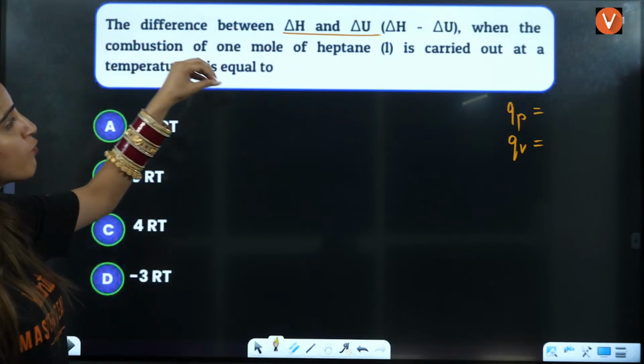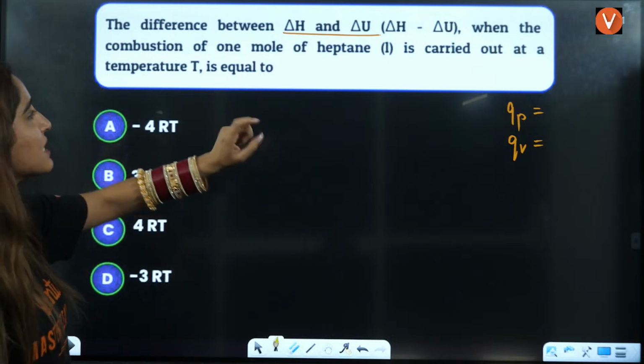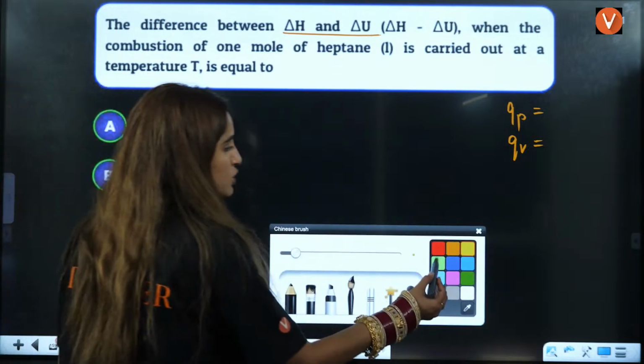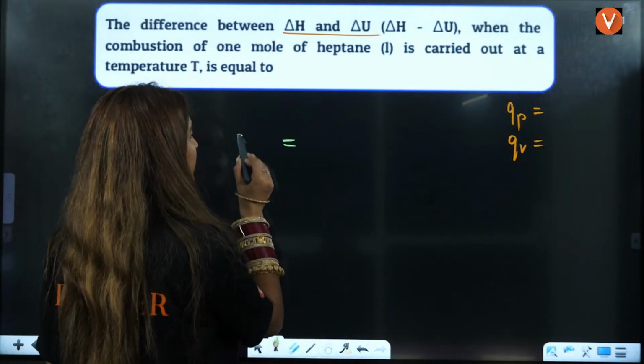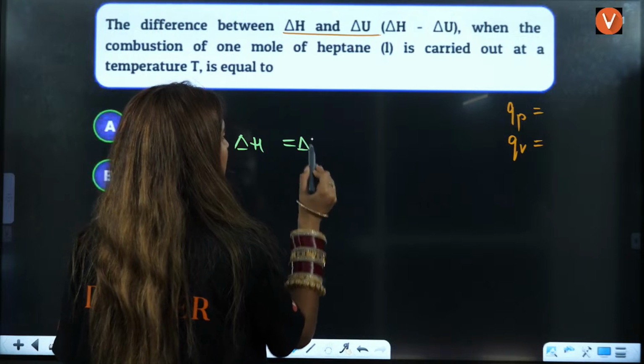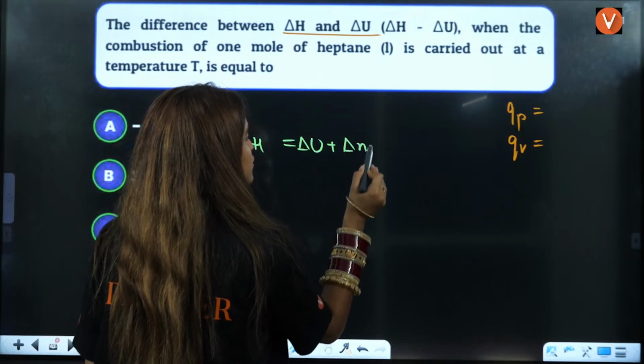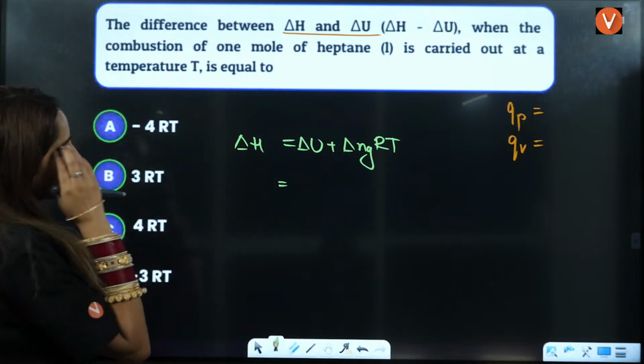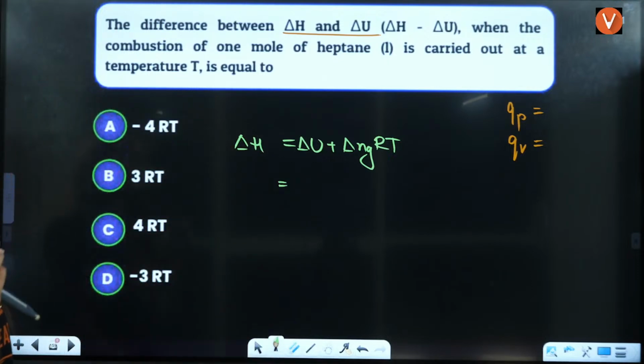When the combustion of 1 mole of heptane is carried out at temperature T. Okay, so what they are saying is delta H is equal to delta U plus delta ng RT. So delta ng, you should know the reaction, that is combustion of 1 mole of heptane, right?